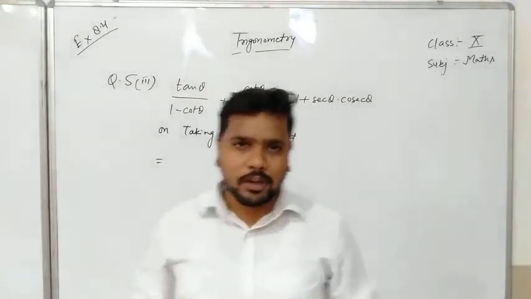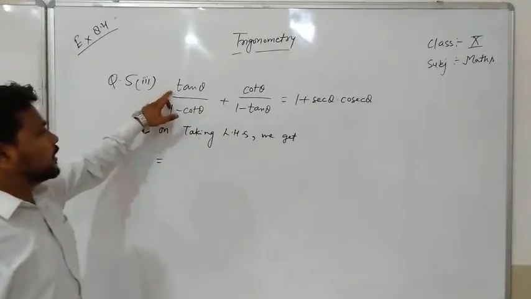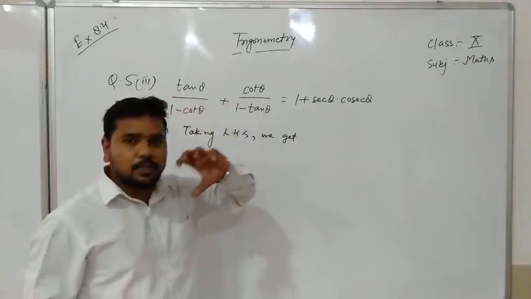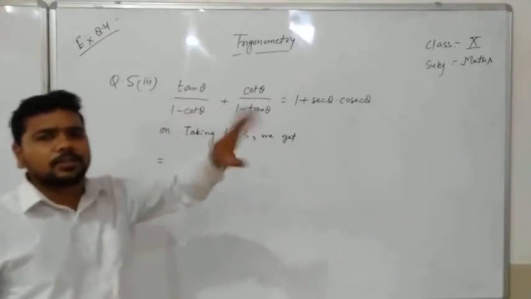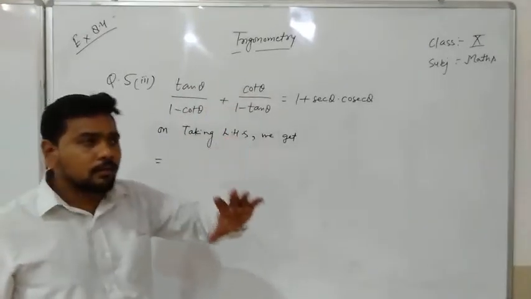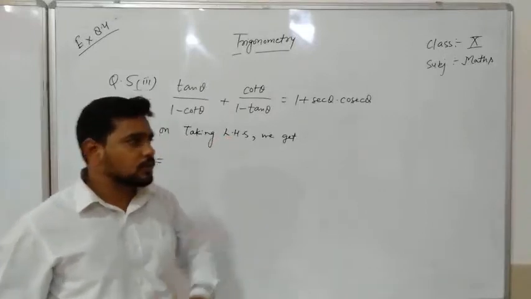Observing tan theta, cot theta, first of all we will convert tan theta and cot theta, and sec and cosec in any question also, into the form of sine and cos.